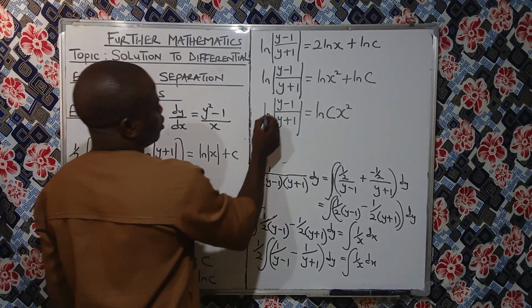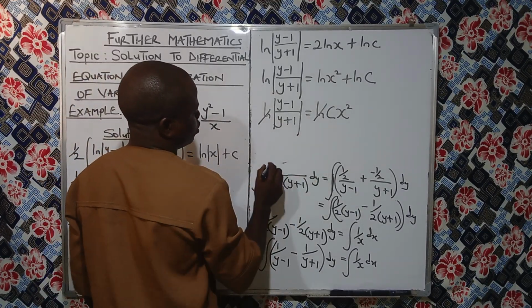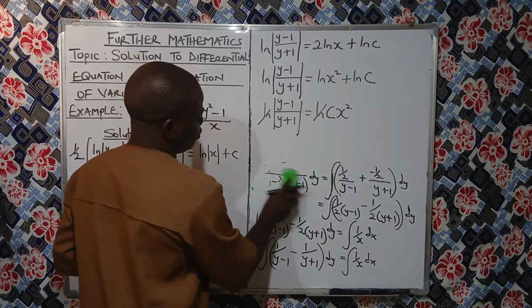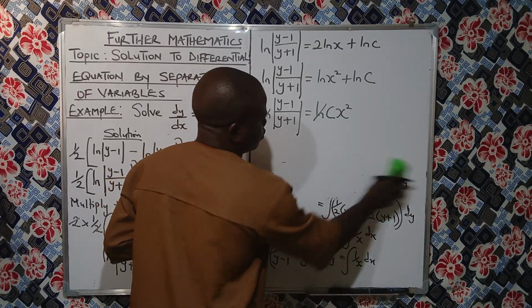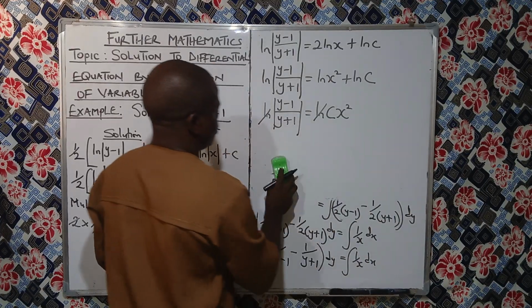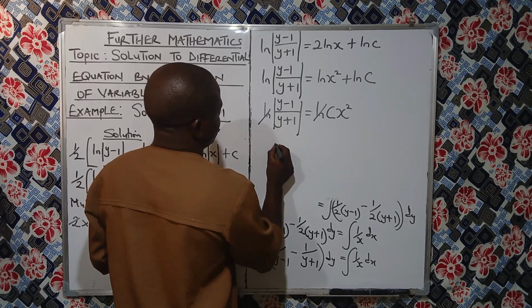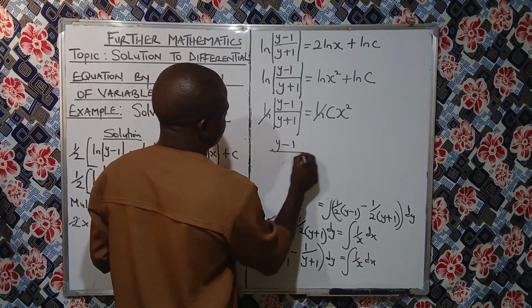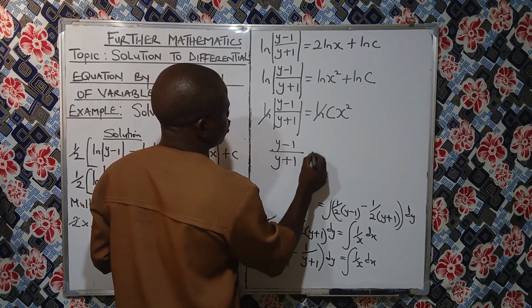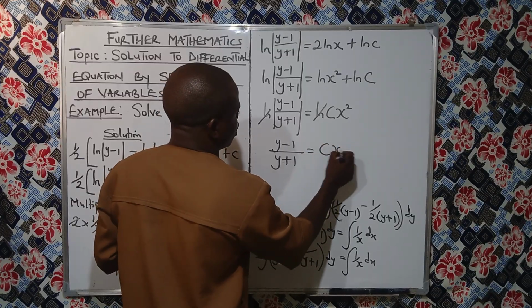Okay, this ln cancels this ln. We are left with y minus 1 over y plus 1 equals c x squared.